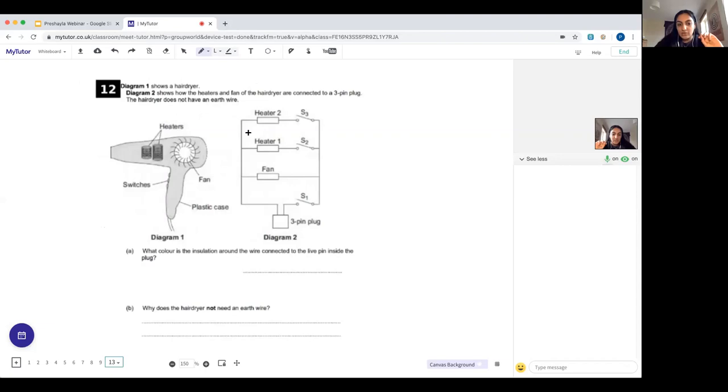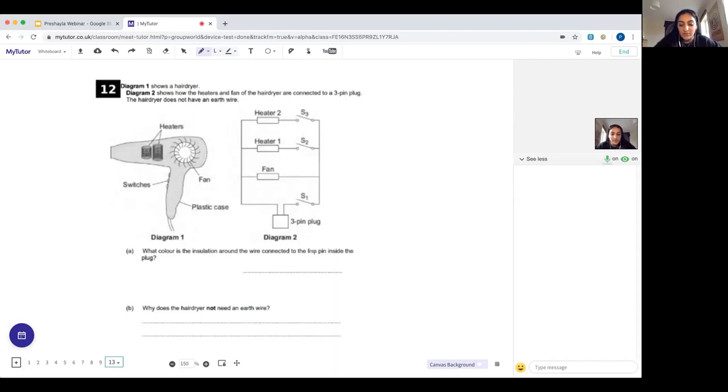It's not too relevant to what we need to understand about it. So the first question is, what colour is the insulation around the wire connected to the live pin inside the plug? So what colour is the wire that is connected to the live pin?